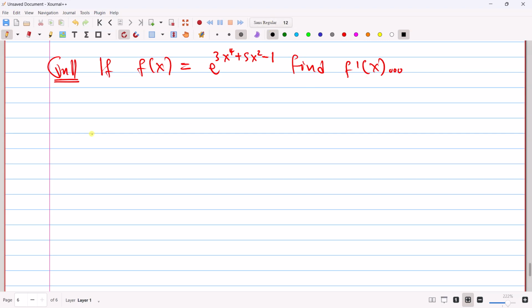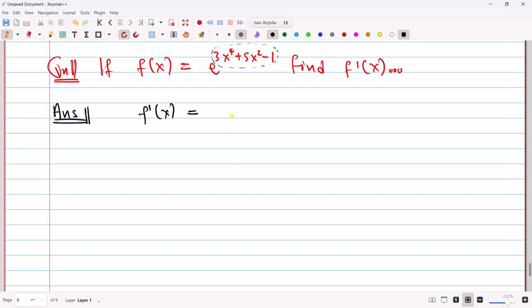We are given that function and we want to find the derivative. So how do we find the derivative here? To find f prime of x, we proceed as follows. First, you take the index of your exponent and then you differentiate it. Your main focus must just be here.